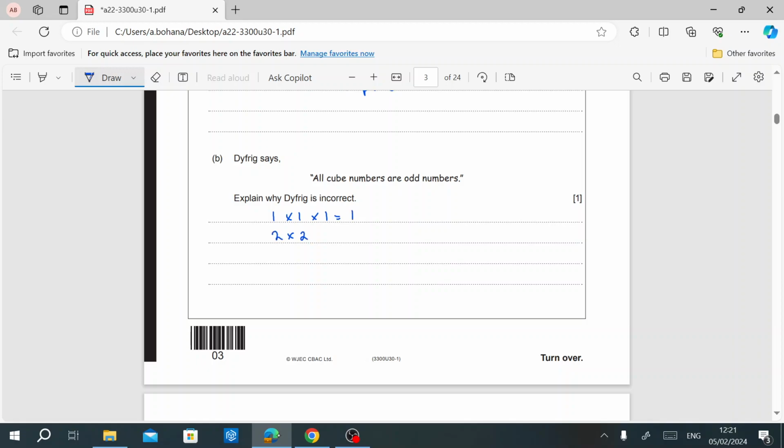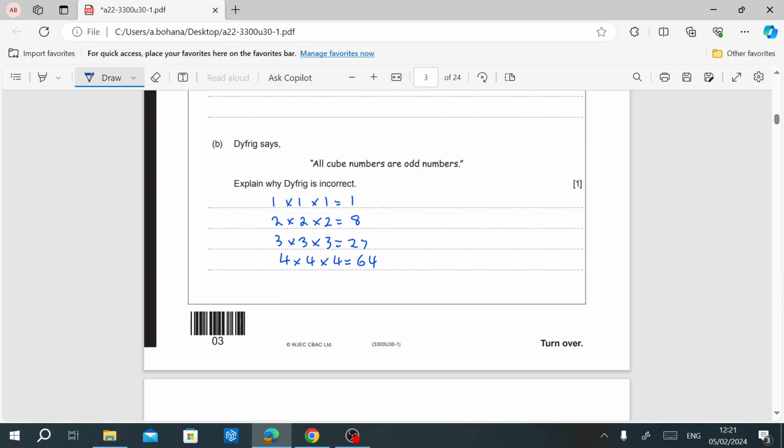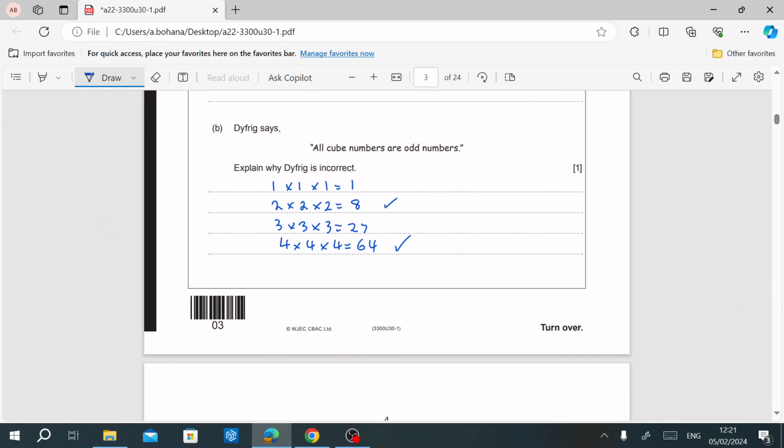But if you go to 2, the answer would be 8. 3 would be 27, and 4, again, this is only an example, would be 64. So cube numbers, that is a false statement, okay? So that one is a valid example.